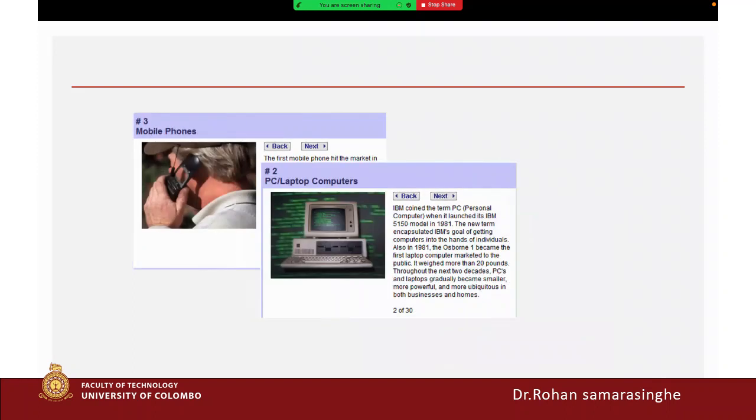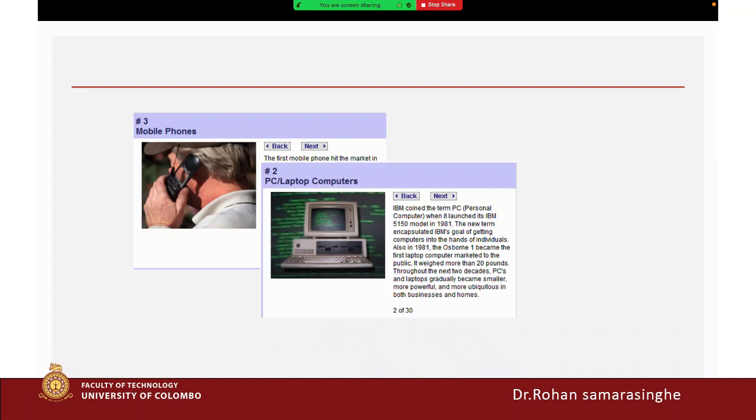And mobile phones, I don't want to explain how developed mobile phones are nowadays. Actually, when you consider mobile phones 10 years before, you had to dial the numbers, but nowadays a mobile phone also has an operating system, Android operating system or iOS.